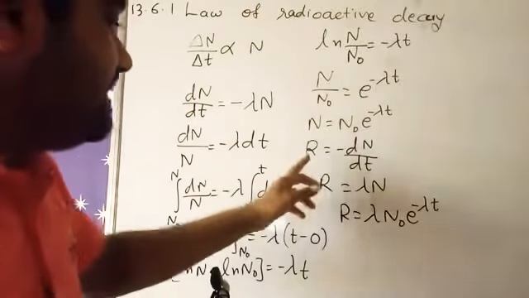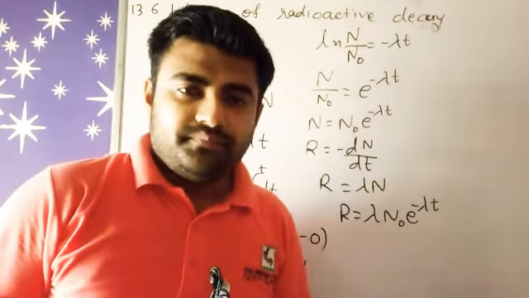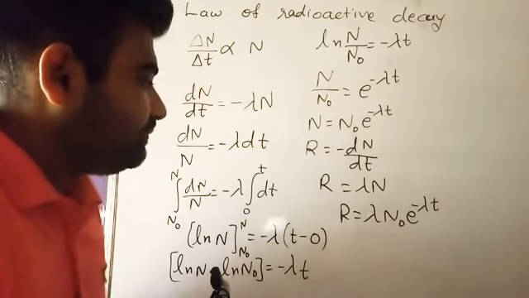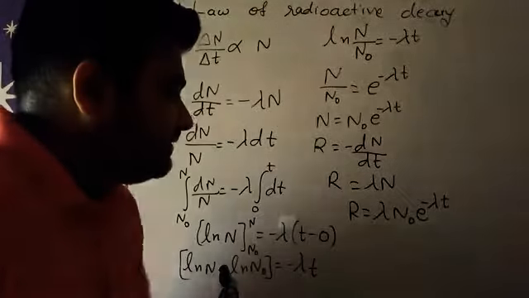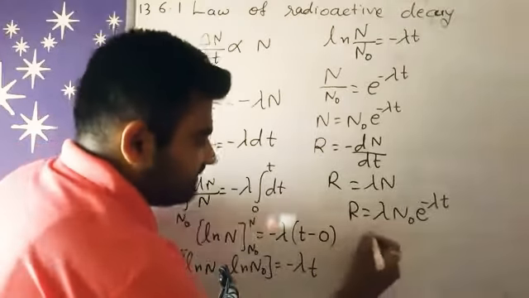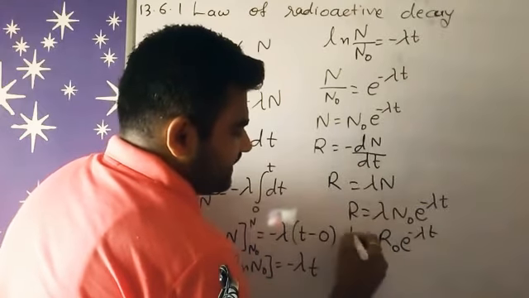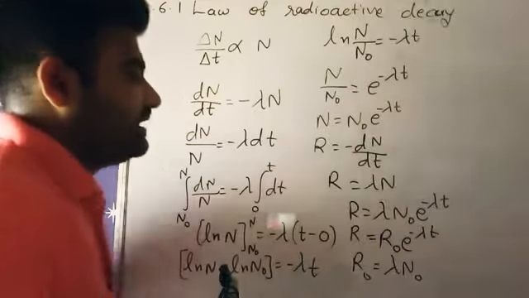Here R is called radioactivity, this is the activity. So this is our R equation. Now in this equation, lambda N0 we can write as R0, so R is equal to R0 e raised to minus lambda t. So R0 is nothing but lambda into N0, right?